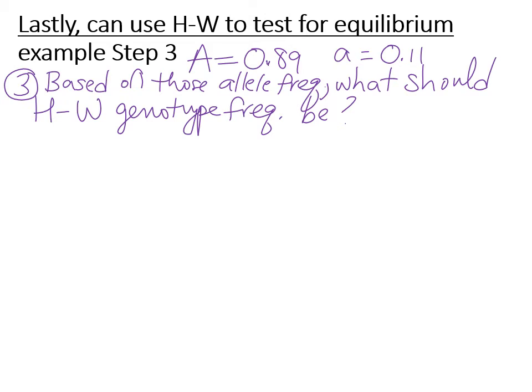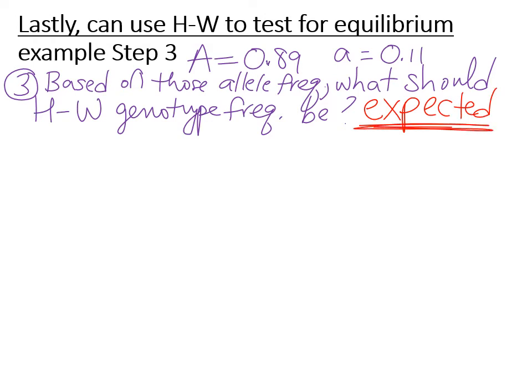In step 1, we calculated the observed genotype frequencies for that population, the genotype frequencies that we are seeing in the individuals of that population. Whereas Hardy-Weinberg, they want to talk about populations that are in equilibrium. So the calculations that they gave us are for equilibrium.